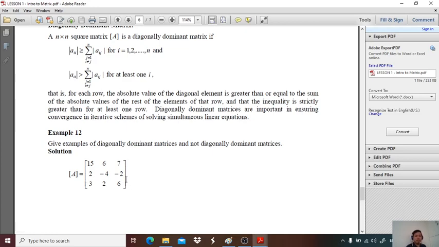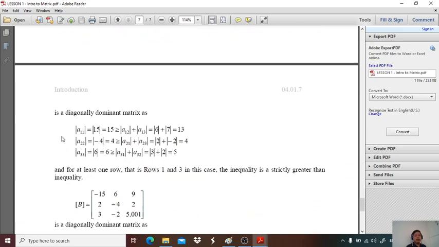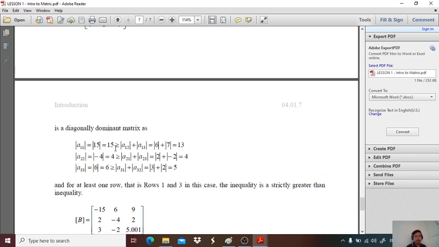So this is also diagonally dominant. All three rows satisfy the condition, meaning this matrix is diagonally dominant. So this is the solution for each row: 15 is greater than 13, 4 is equal, and 6 is greater than 5.